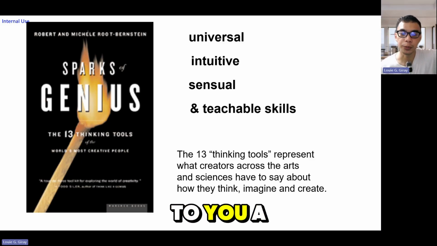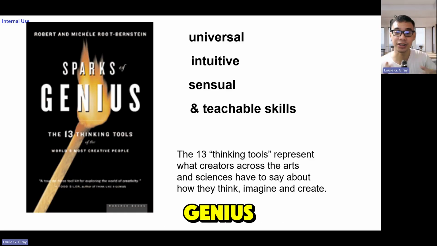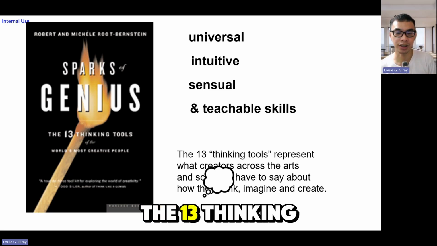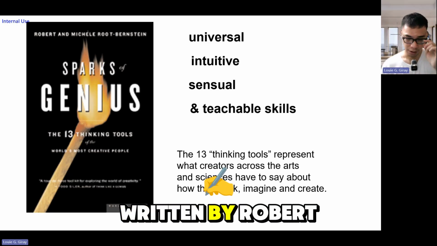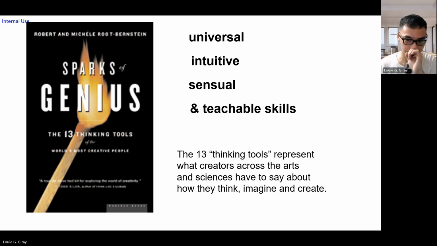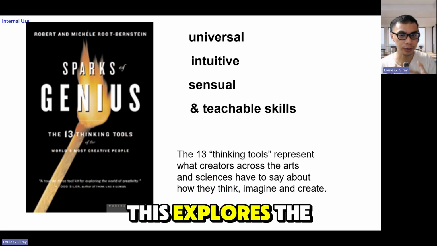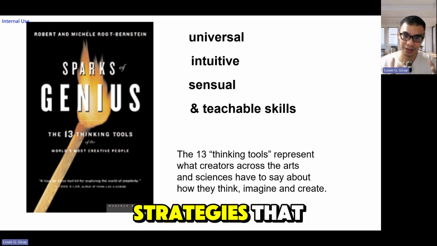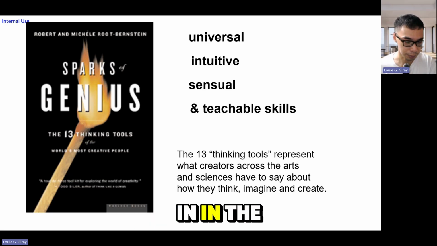Let me share to you a book, and this is titled Sparks of Genius: The 13 Thinking Tools of the World's Most Creative People, written by Robert and Michele Root-Bernstein. This explores the strategies that these creators have in the sciences and the arts.